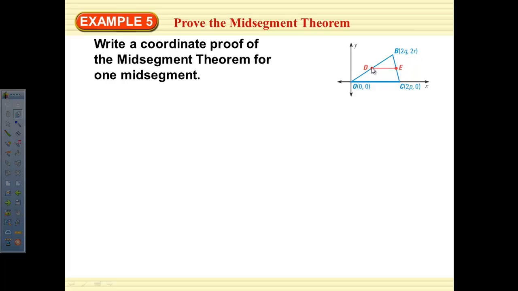We need to find point D and point E, and we're going to use the midpoint formula to find D and E. Then we're going to look at the slope of DE and compare it to the slope of OC.